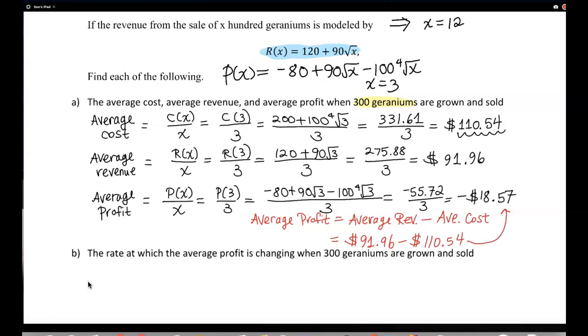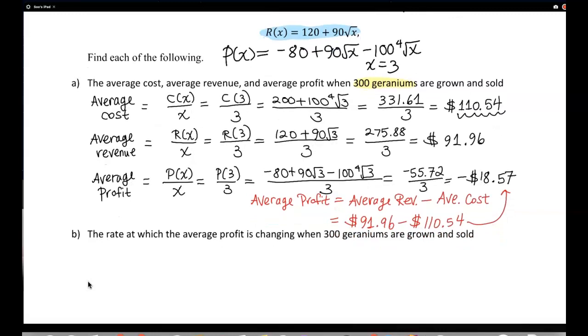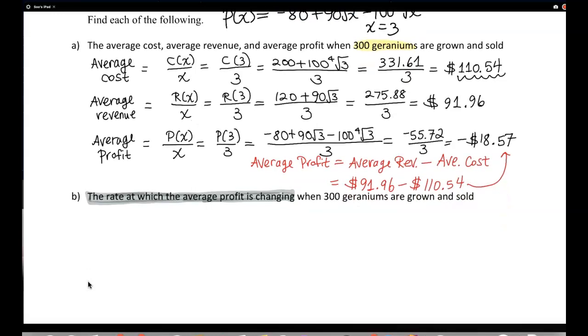So part A wasn't really about doing the derivative, but in part B we have to find the derivative because, look at the wording, they want you to find the rate at which the average profit is changing. We're talking about the average rate of change here. So this is how fast the profit's changing.